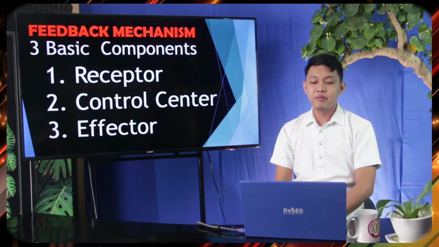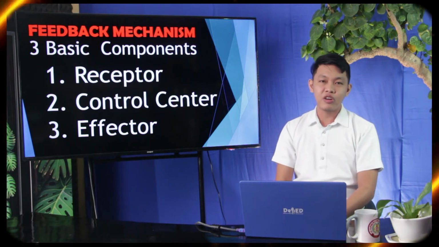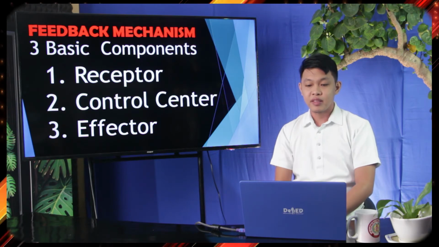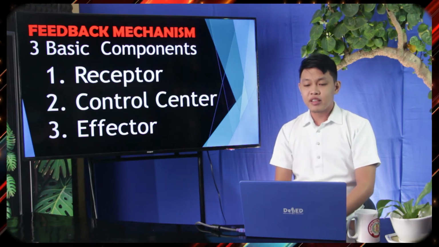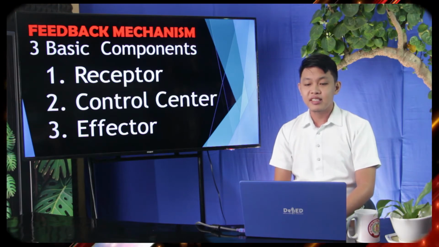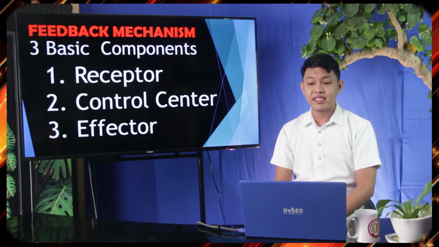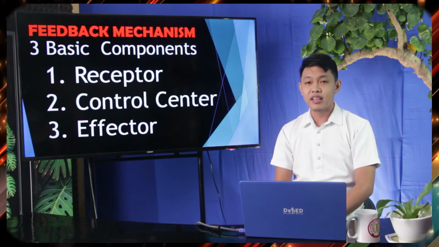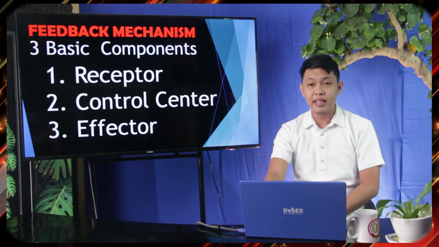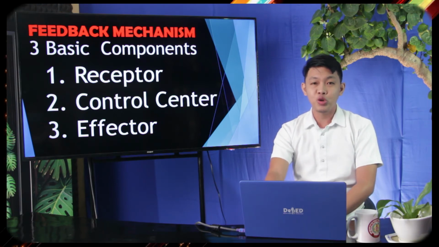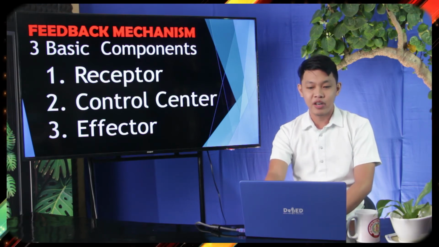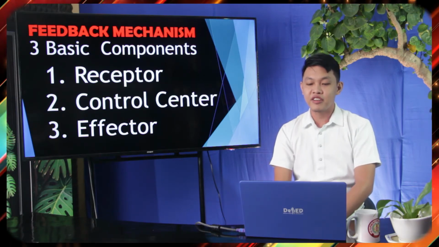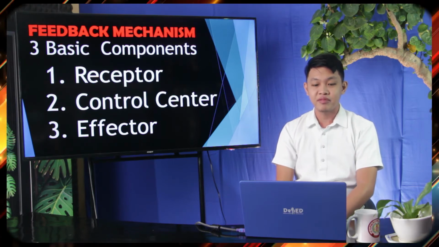Now, in any mechanism, positive man siya or negative, we have three basic components. Besides the type of mechanism of homeostasis, it's also important to take note of its elements. In any mechanism, whether it is positive or negative feedback, it has three components, namely receptor, control center, and effector. Receptors receive the stimulus and send nerve impulses to the control center.